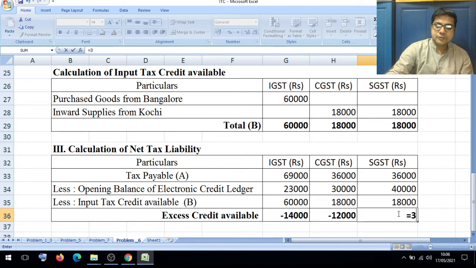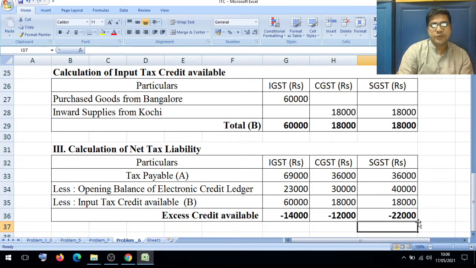Then 36,000 minus 40,000 minus 18,000, the result is minus 22,000. So whatever minus figure comes, it is considered as excess credit available. If it is in plus figure, it is a net tax liability.